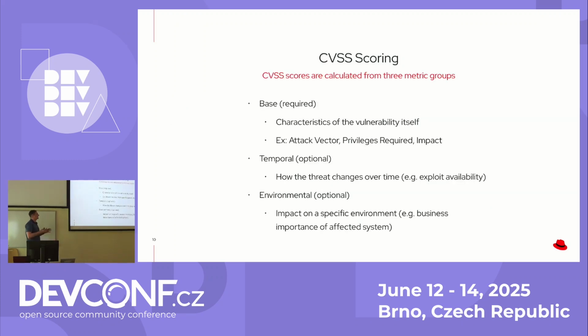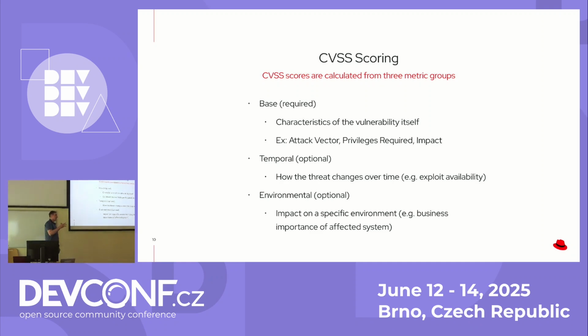So let's talk a little bit about version 3, because this is the most widely adopted at the moment. Every score has 3 basic categories. There's a base score, the basic characteristics of the vulnerability, which we will see in a moment. Temporal score is how this vulnerability is changing over time, right? So are we sure about the sources?